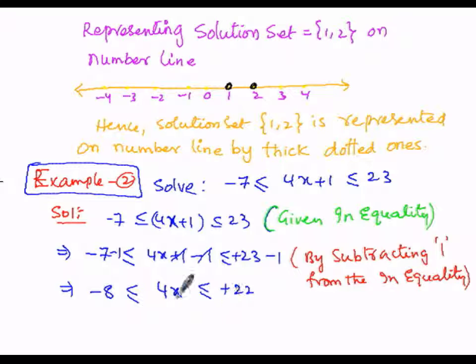As per the rule of solving an inequation of one variable, we have to make the variable's coefficient 1, but the coefficient of x is 4. So, in order to cancel the 4, we have to divide the entire inequation by 4. That implies -8 divided by 4, which is the coefficient of x, less than or equal to 4x divided by 4, less than or equal to 22 divided by 4.